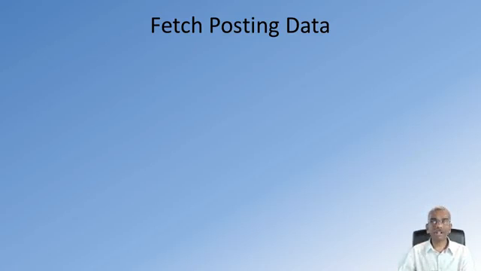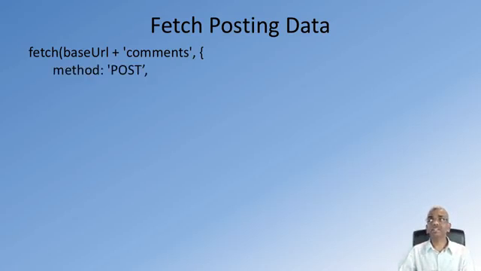So, for example, if you are posting some data to a REST API endpoint in order to create a new object on the server side, then you could simply say fetch and supply the REST API endpoint. Following that, within a JavaScript object, you can specify the method as post, for example.